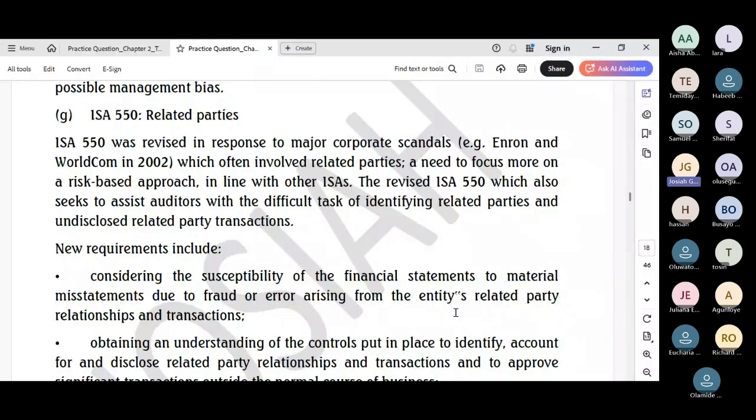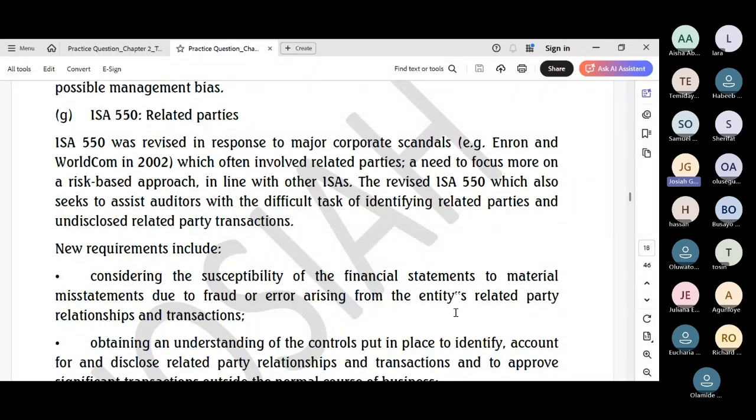Related party transactions are very predominant, and the understanding of controls over related party identification, accounting, disclosure, and approvals of significant transactions outside the normal course of activity is very important. So this standard updated it.